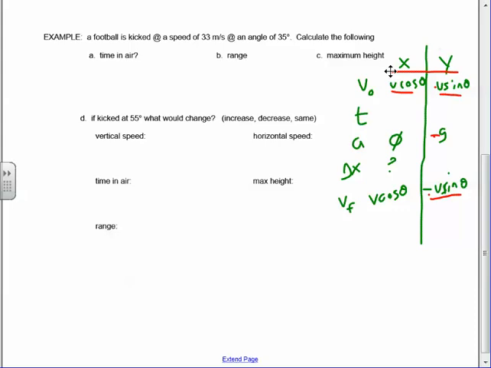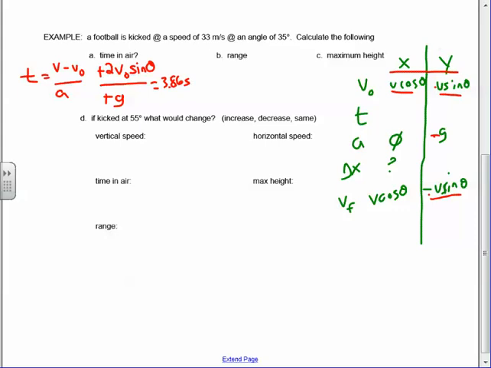So the equation that I would want to use there is essentially time equals my final minus initial all over the acceleration. So if I plug in my numbers, that's negative 2v naught sine theta on top divided by negative g. So those become positive. If I plug in the numbers, and you can do that yourself, we will see that this is 3.86 seconds.